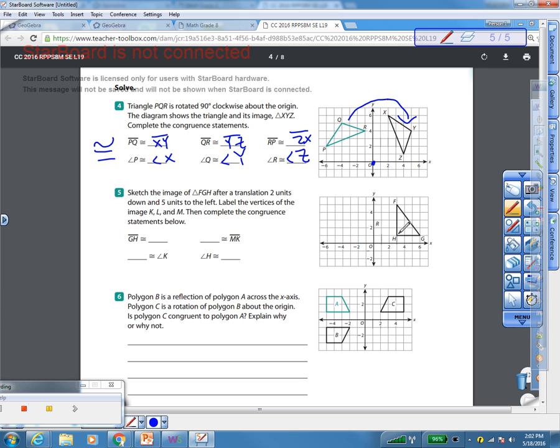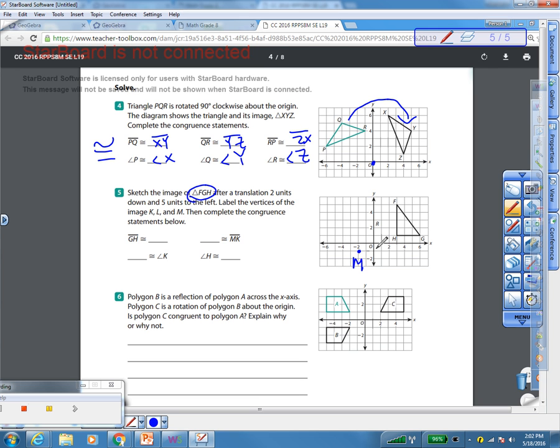So if I go 5 units left, so 1, 2, 3, 4, 5, and then 2 units down, okay, so that would mean H, the new H is going to be right here, and notice, see how it goes in that order, F, G, H, so K, L, M would also match those. So this is actually going to be M, because M is last and H is last.